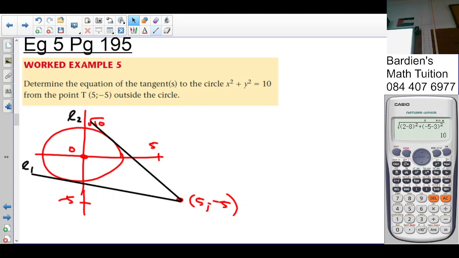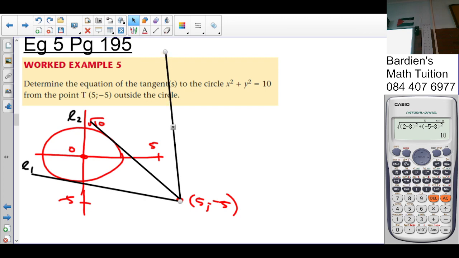So they didn't specify. You see, what is a tangent? That's the question you should be asking yourself. What is a tangent? A tangent is a straight line that touches the circle once.